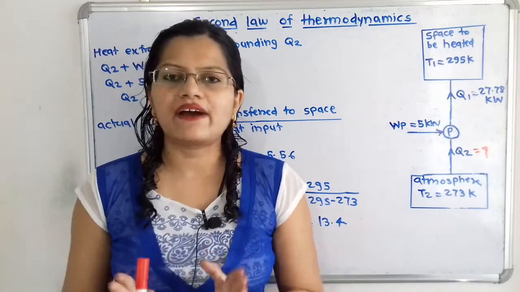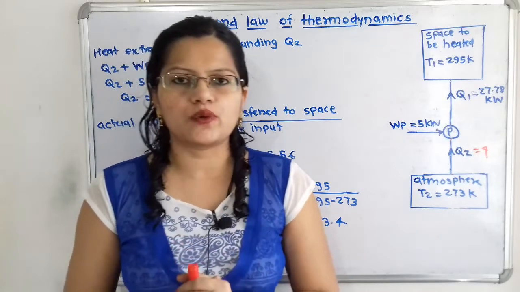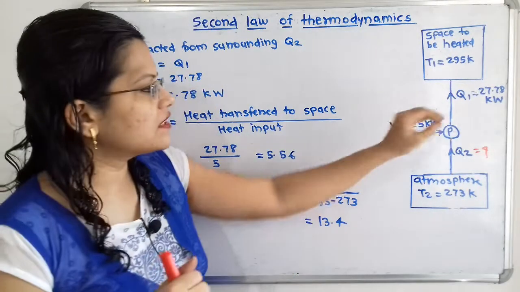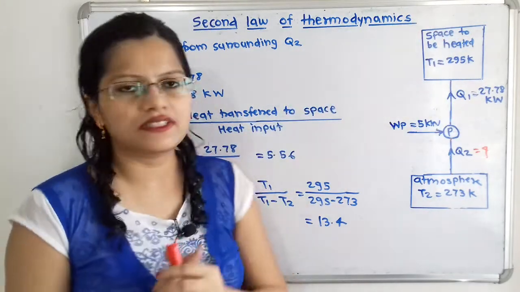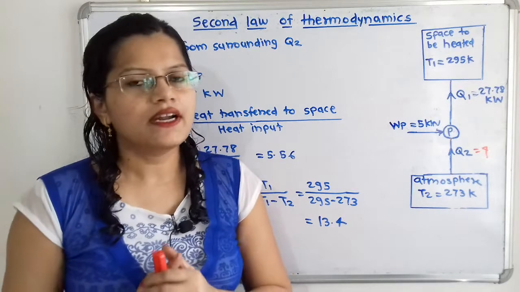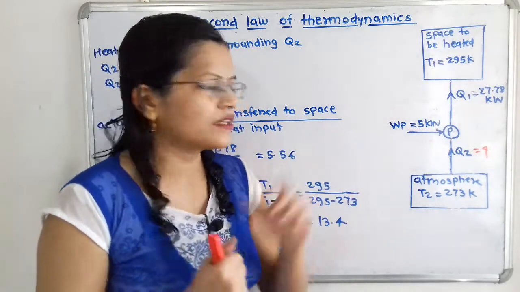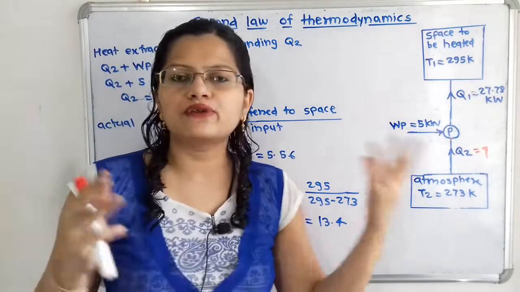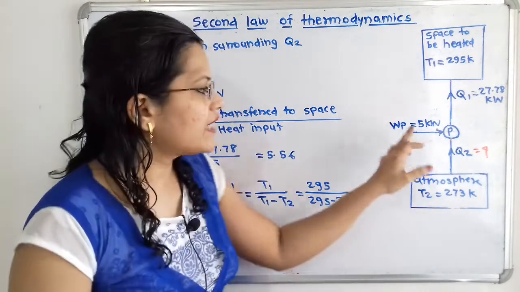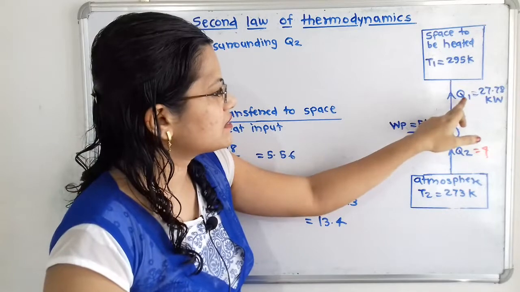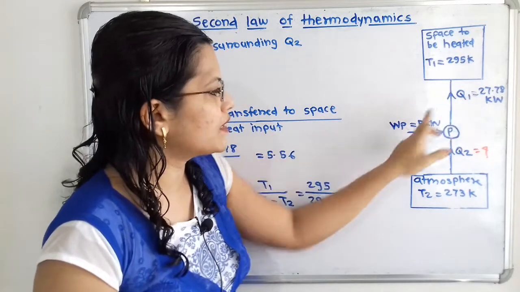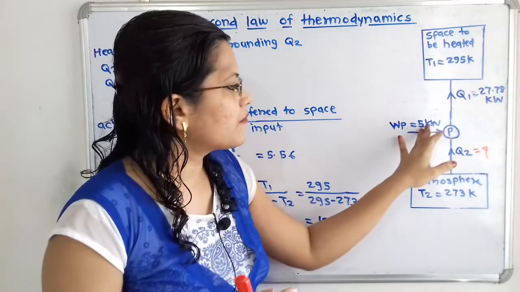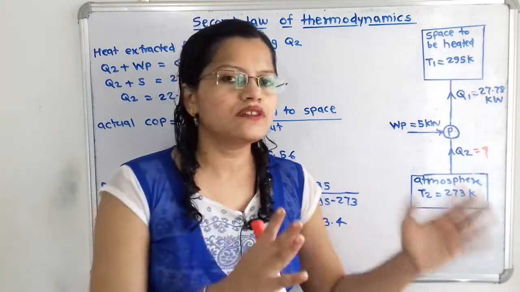When we calculate the actual COP, we take the ratio of the heat transferred to the space to be heated divided by the work input, because we have to take the actual values that are given. Here the actual values given are the heat transferred, Q1, and the work input, 5. If we take these values, we get the actual COP.